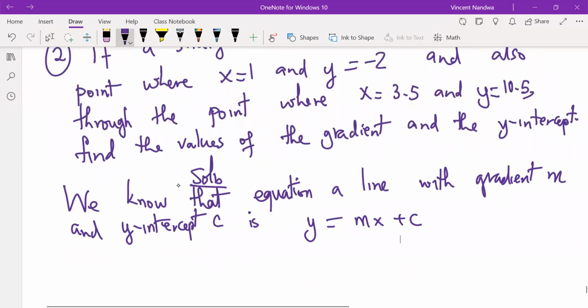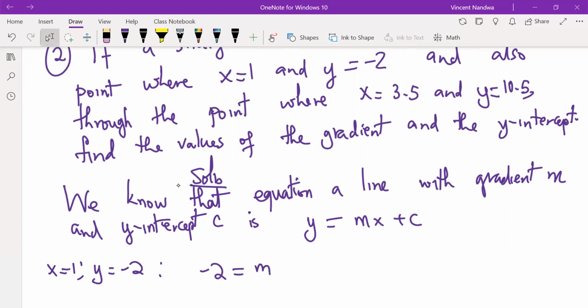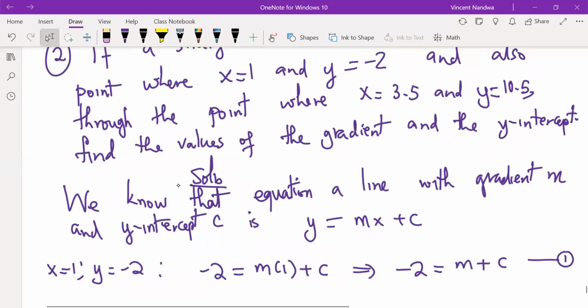So in the first case, when x equals to 1, y equals to minus 2, we have minus 2 equals to m times 1 plus c. So which means we'll have minus 2 equals to m plus c. That we call equation 1. Second condition, x equals to 3.5, y is 10.5.